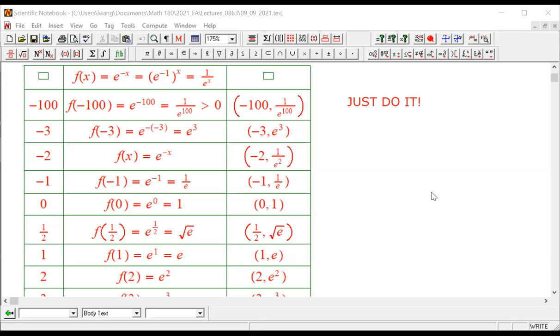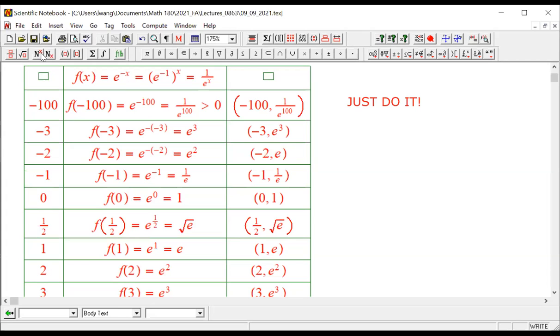All right. For negative 2 as the input with the new rule, what will happen? This is a negative 2, and x will be replaced by negative 2. And negative of negative 2 is positive 2, that's e squared.